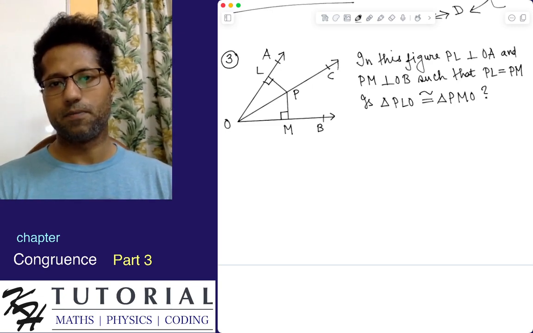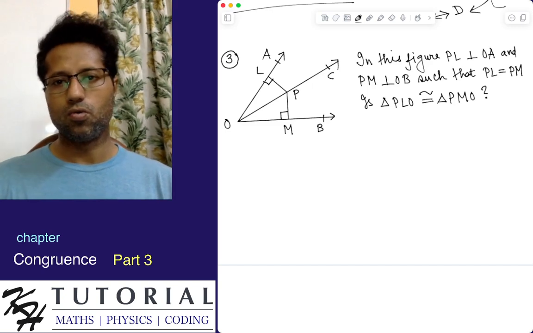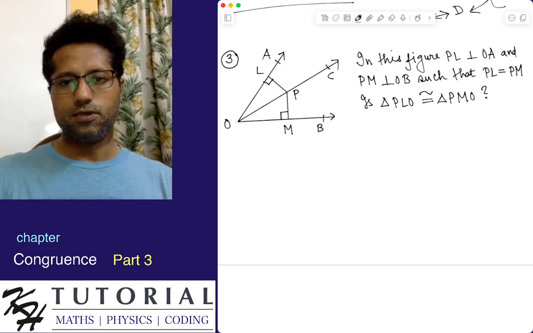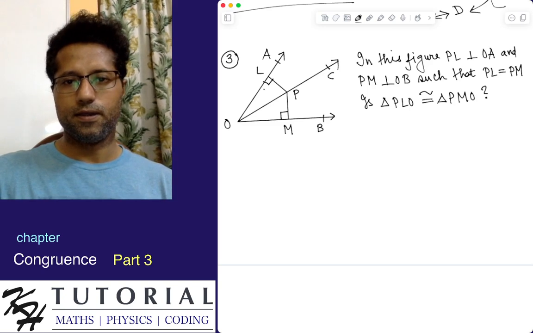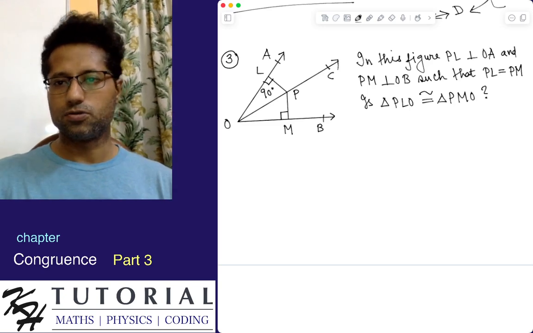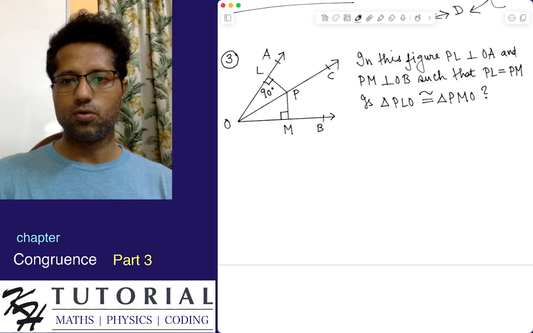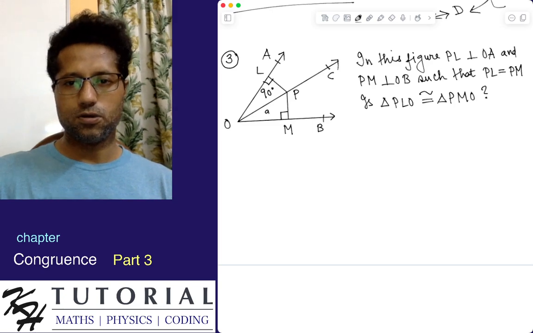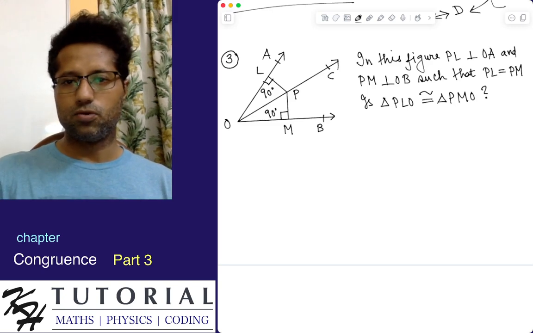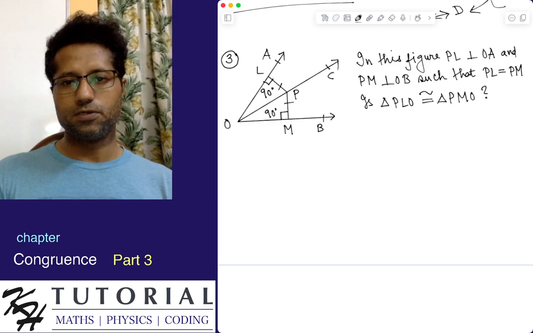So this is definitely 90 degrees, and it is also said that PM is perpendicular to OB. So this is also 90 degrees, such that PL is equal to PM. This information we have, and it is asking, is triangle PLO congruent to triangle PMO?